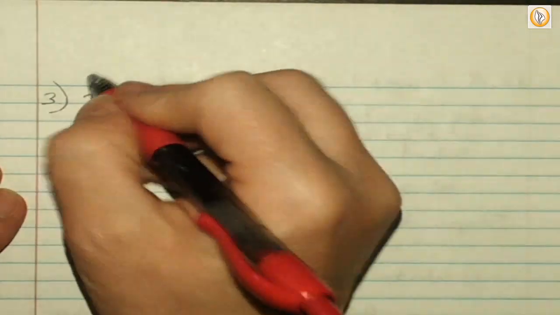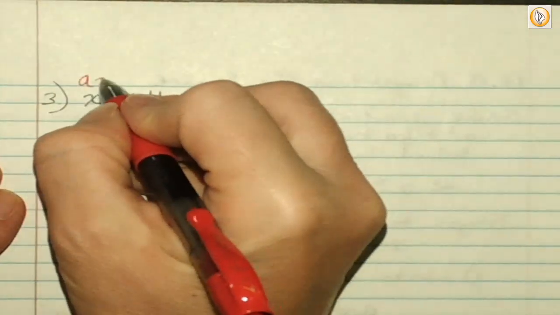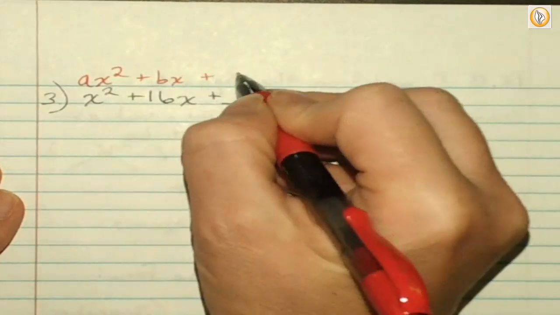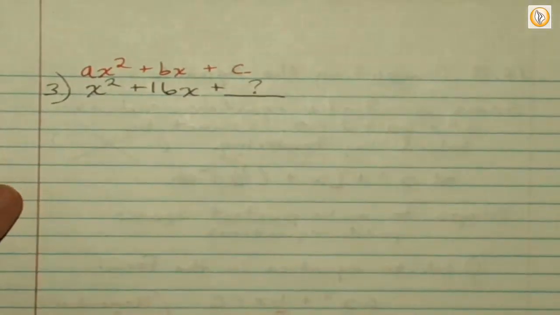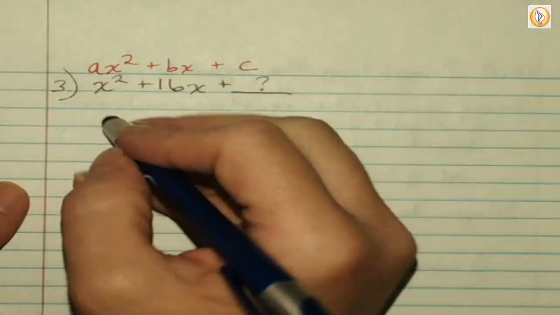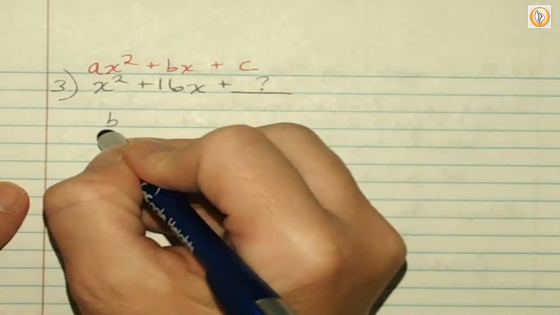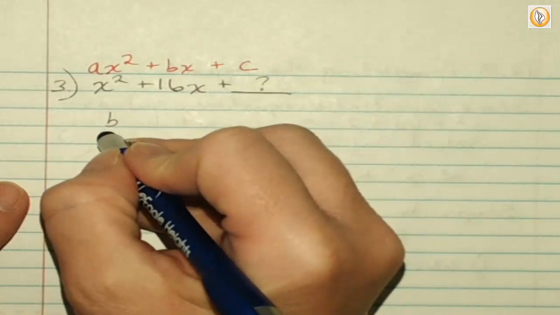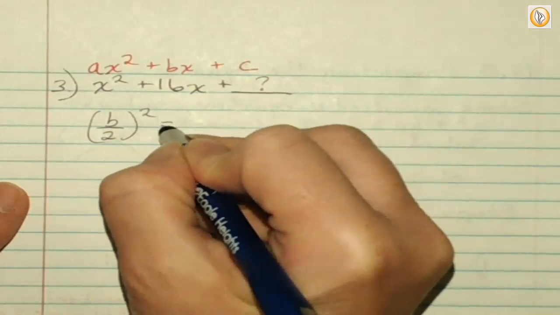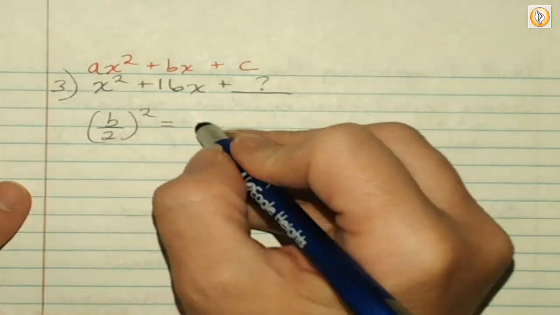Keep in mind, this is your ax squared plus bx plus c. So the c is missing. Miranda, how do I find c? The b thing. Can you tell me what the b thing is? B over 2 squared. What is b, Miranda?